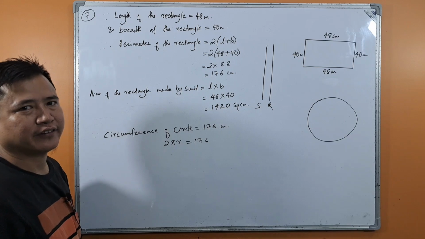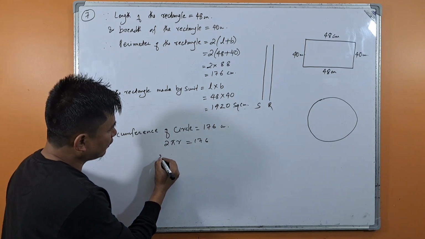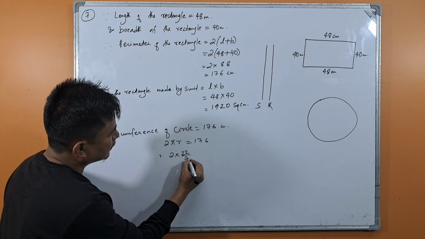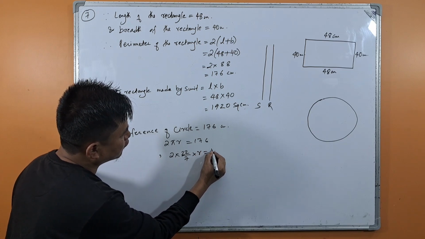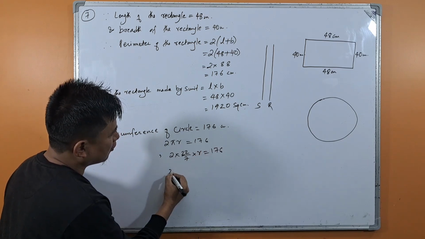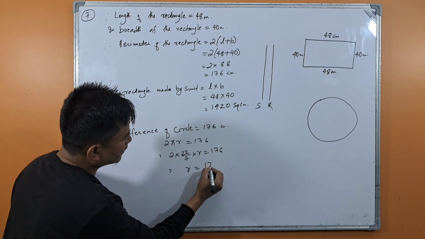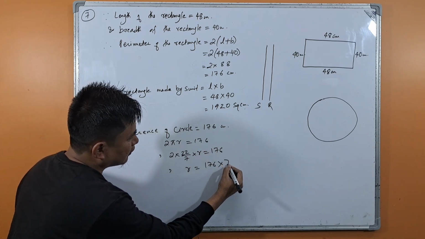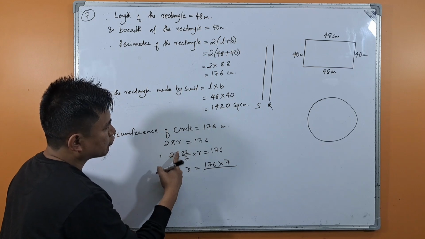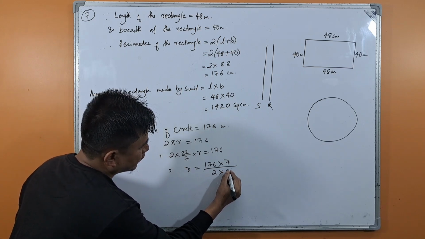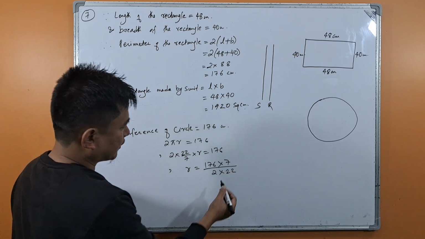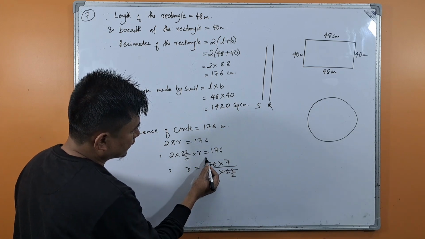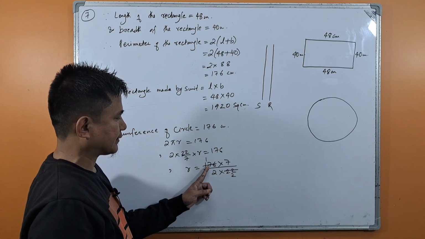From here we can find the radius, okay? Or 2 into the value of pi is 22/7 into r equal to 176, or r equal to 176 into 7 will go to the numerator and 2 into 22 will go to the denominator. Okay, now let us cancel this out. 11 2s are 22, 11 1s are 11, plus 6 is 17.